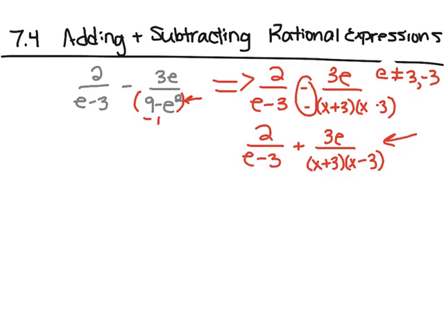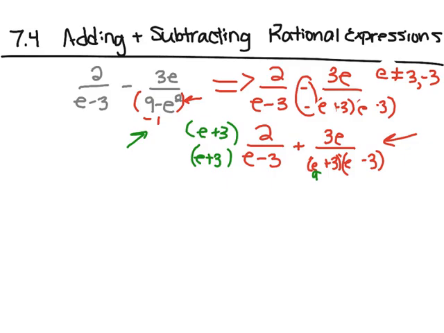So on this side, we're going to have to multiply by, and I'm writing x's instead of e's. E. Okay. This side, we're going to multiply by e plus 3, because it's what it's missing from this side. And the reason we had to take that -1 out is so that our denominators are exactly the same.